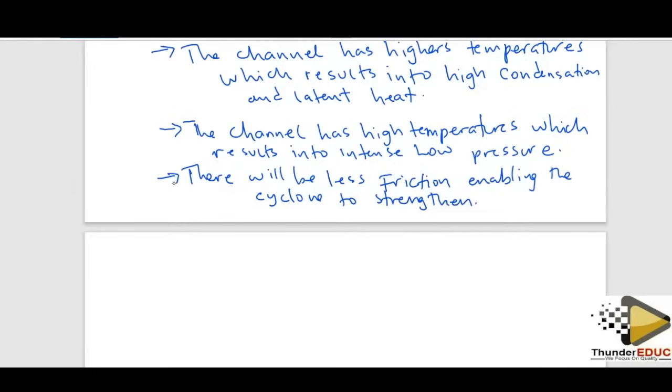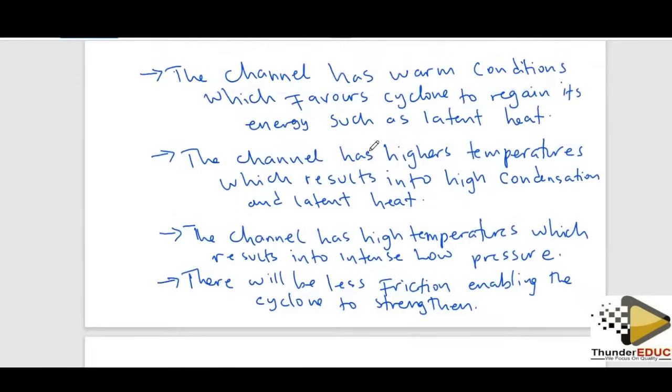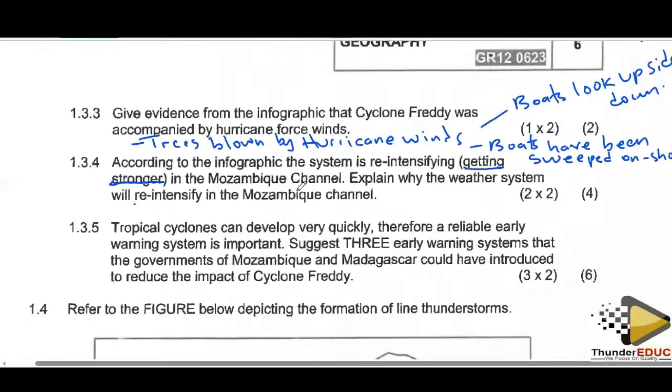So those are some of the reasons we could give as to why the channel will enable the cyclone to re-energize or to re-intensify or to become stronger. All right, so that is for question 1.3.4. So let us proceed to question 1.3.5, which says tropical cyclones can develop very quickly.